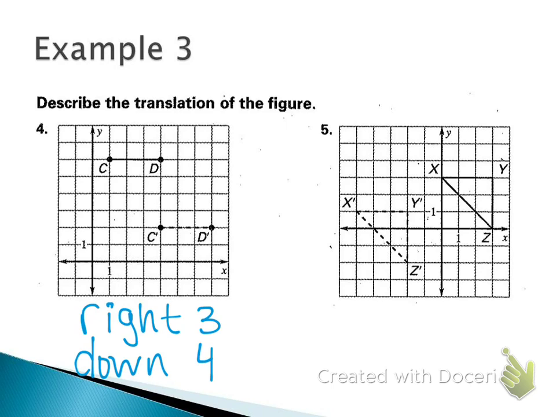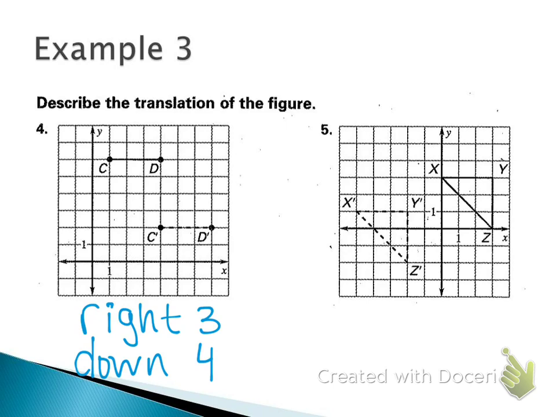Now, if I'm correct, then the same thing should work going from C to C prime. So right 1, 2, 3, down 1, 2, 3, 4. It worked, so I must be correct. You don't necessarily have to check it every time, but it might be useful just to make sure you didn't make a mistake.